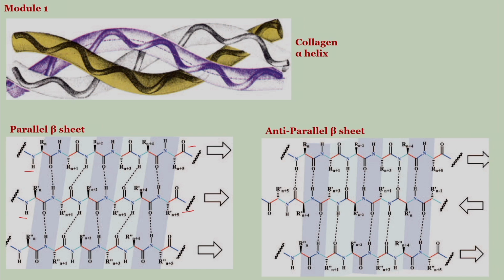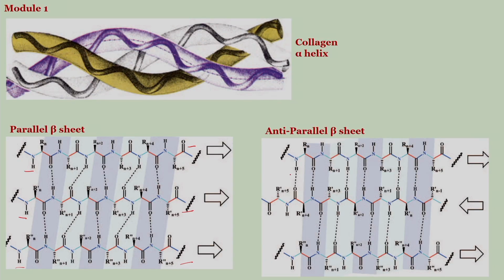We call them parallel because they are all from N terminal to C terminal, the same direction, all protein molecules. Or it can be the other way around. One molecule of the protein is N terminal to C terminal, and for the other molecule you make it the other way around. This is the C terminal and this is the N terminal.